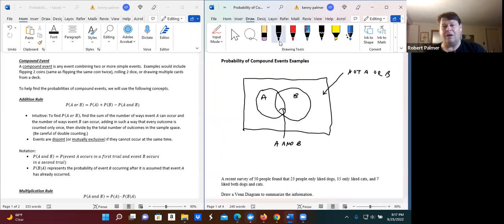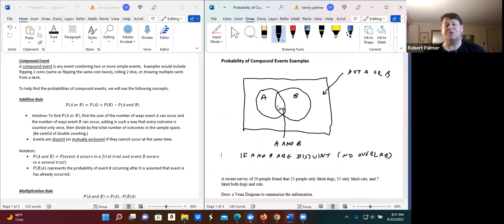Okay. Then I'll just say if A and B are what's called disjoint, there's no overlap. So here, the picture makes it look like it could be an overlap. This could be what's called empty.